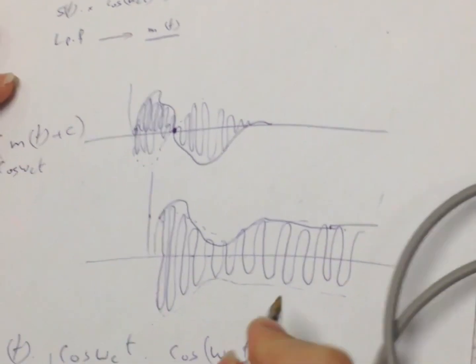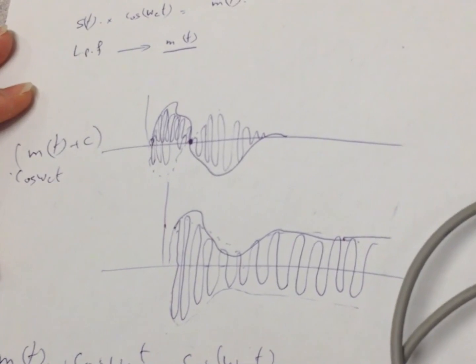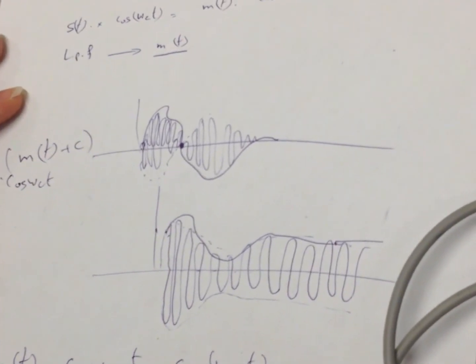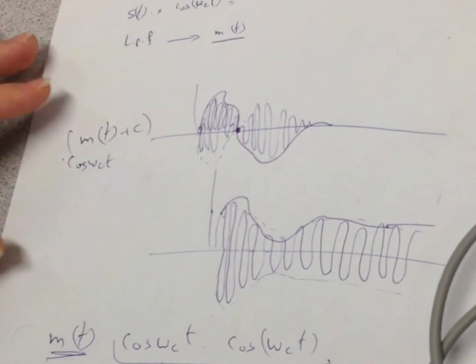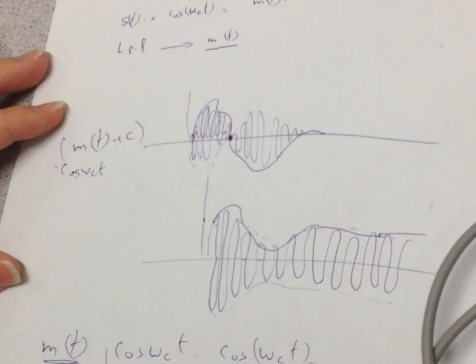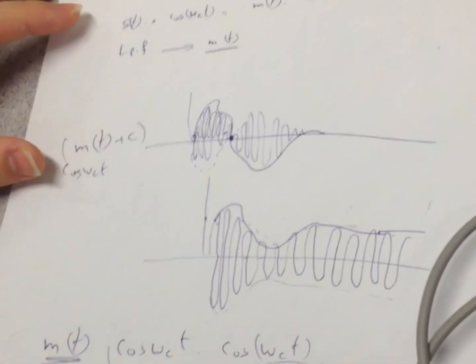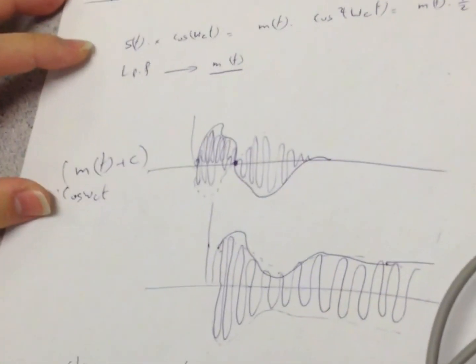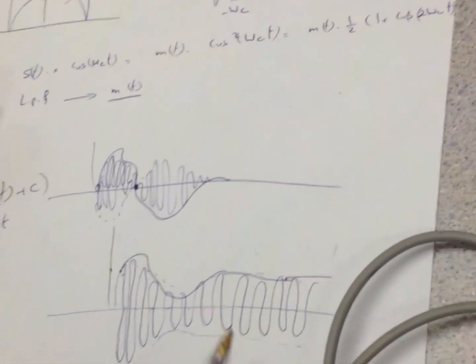Cosine multiplied by cosine is cosine squared, which can be written as one half of 1 plus cosine 2 omega ct. This is my message, which is good, but I have another component, cosine 2 omega ct, which is a very high frequency component, right? Omega ct is 64 kilohertz, so 2 omega ct is frequency 128 kilohertz.